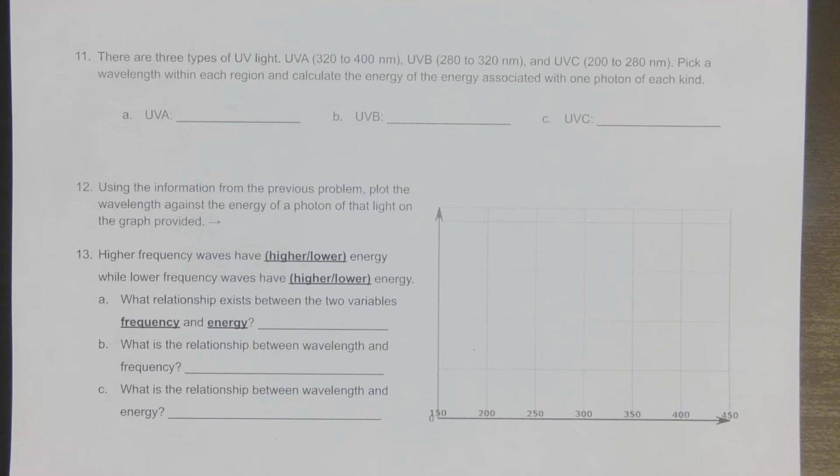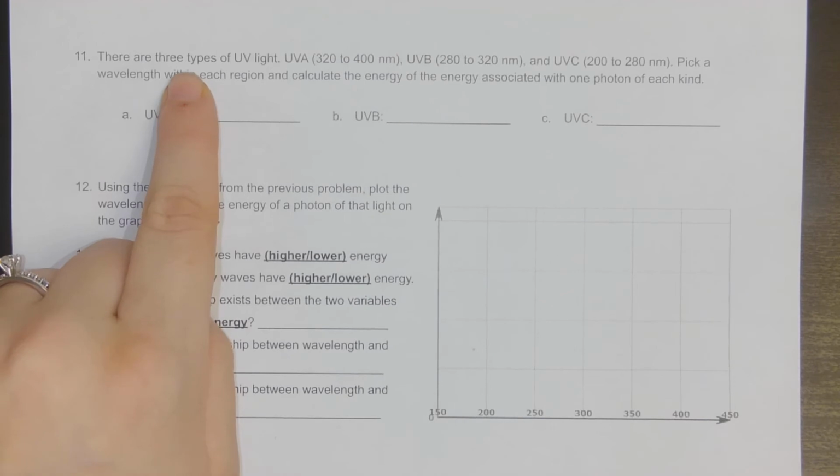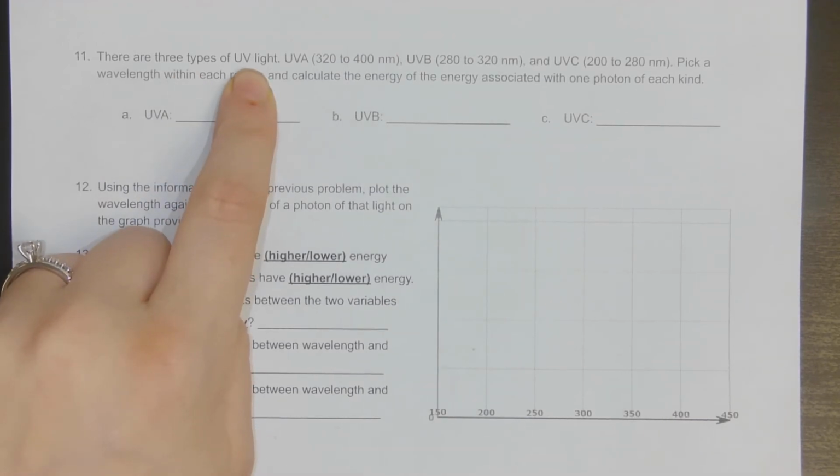Now on the sunscreen commercials, you'll see things like where it says, blocks out UVA, UVB, UVC rays, blah, blah, blah. And all of those are just different categories of UV rays from the sun. There are 3 types of UV light.